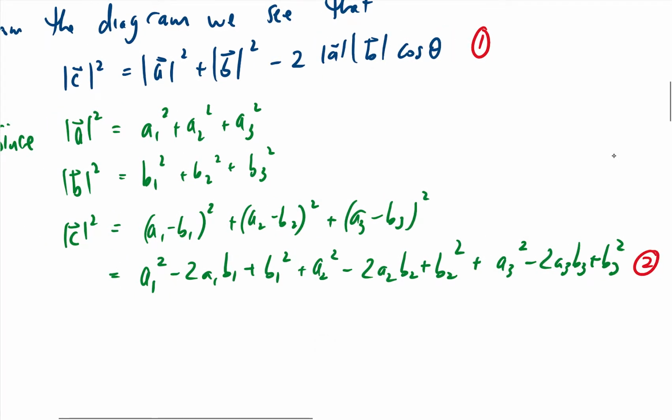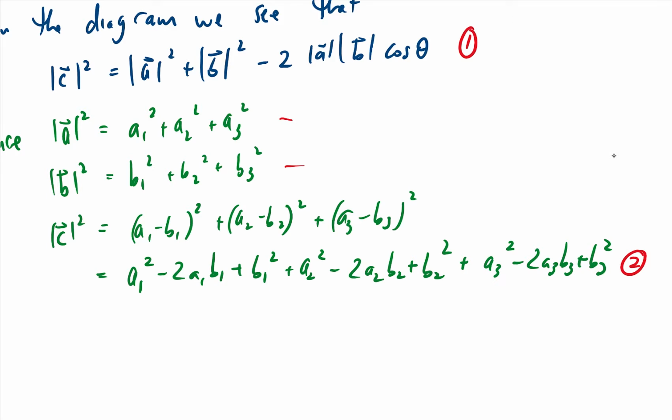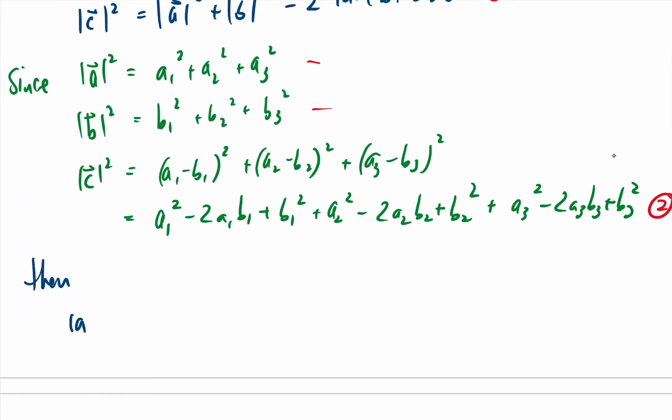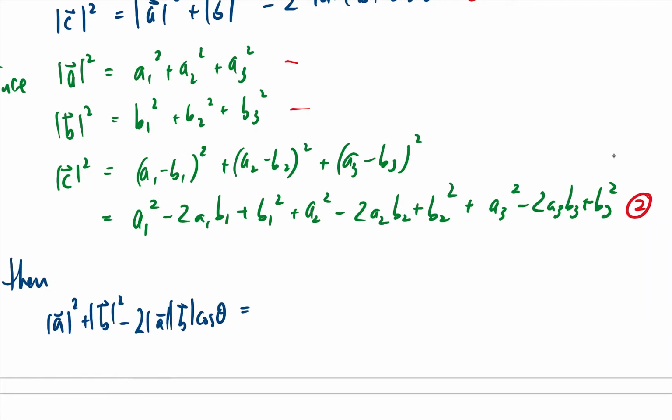And we're going to sub this all into equation number 1. So let's see what happens. So then we know that the magnitude of a squared plus the magnitude of b squared minus 2 magnitude of a, magnitude of b, cosine theta is equal to c squared. But we're going to sub in c squared. So we end up with the following.